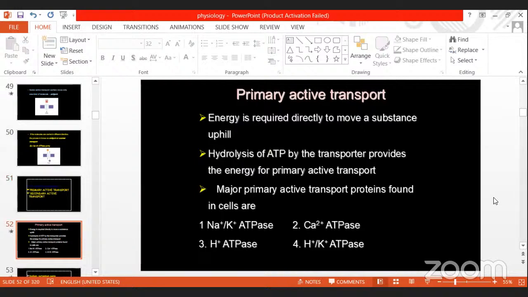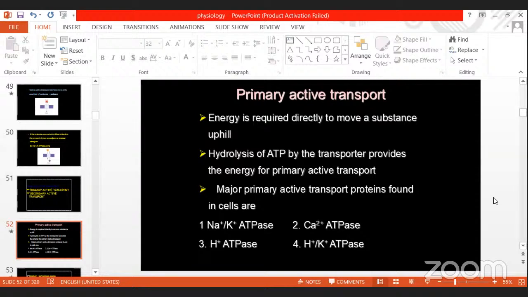In primary active transport, energy is required to move a substance uphill. The hydrolysis of ATP by the transporter provides the energy for primary active transport.